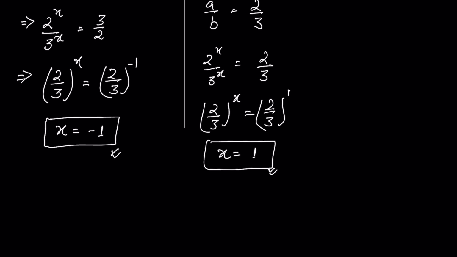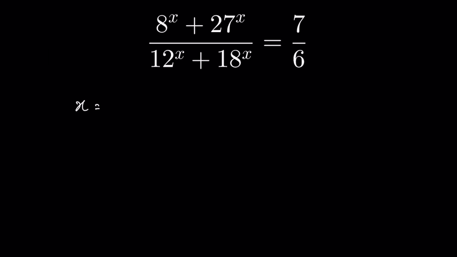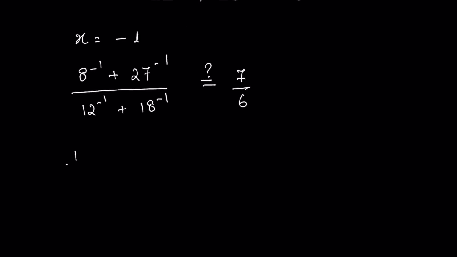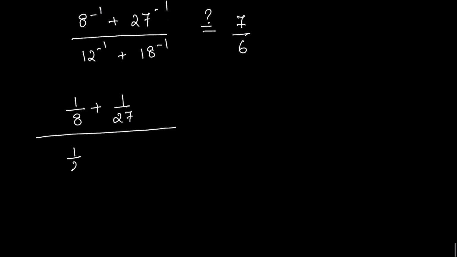Let's verify this answer. When x equals minus 1, we have 8^(-1) + 27^(-1) upon 12^(-1) + 18^(-1). We have to check whether it is equal to 7 upon 6. Now this is 1 upon 8 plus 1 upon 27, then upon 1 upon 12 plus 1 upon 18.